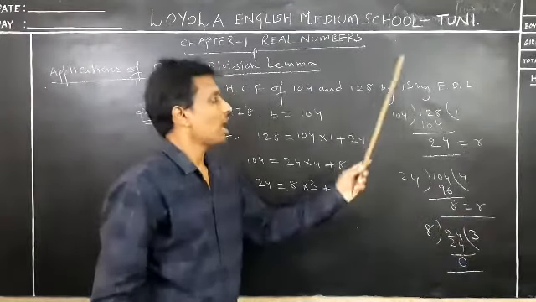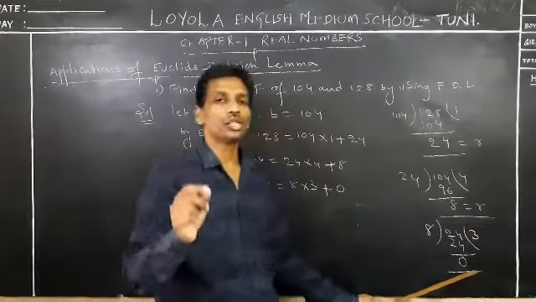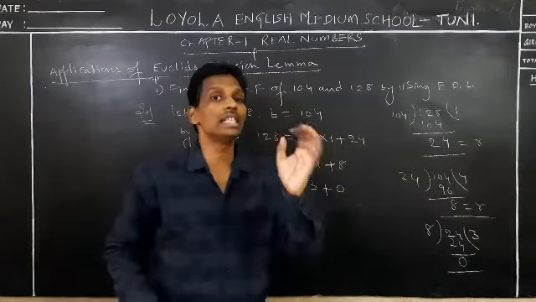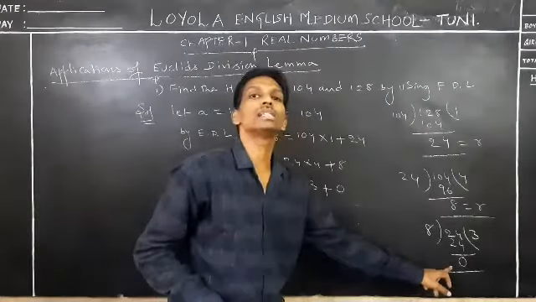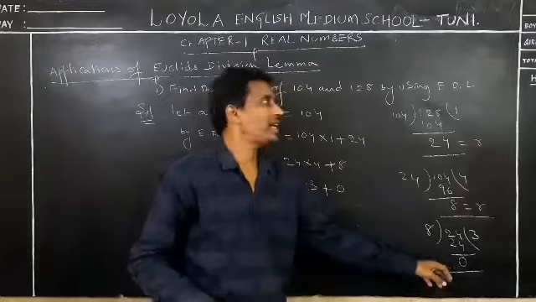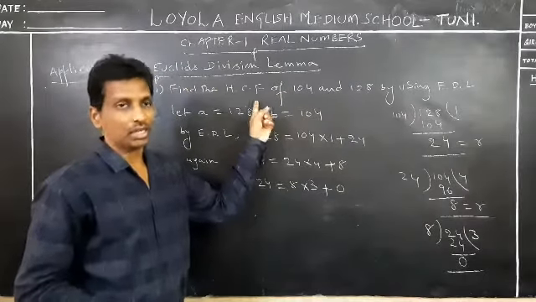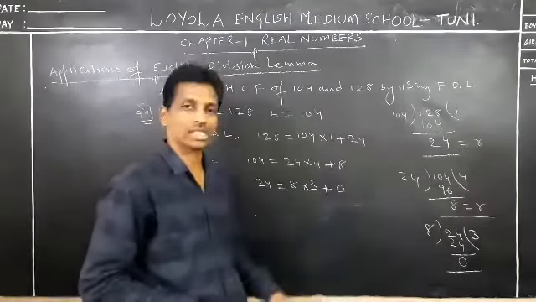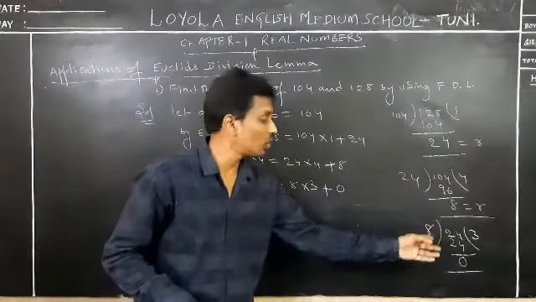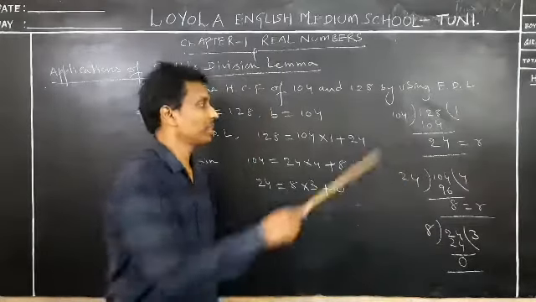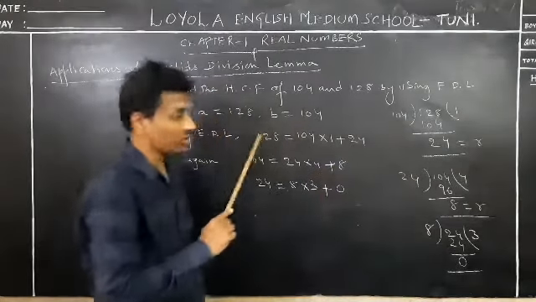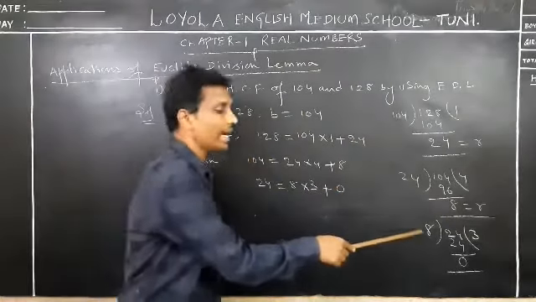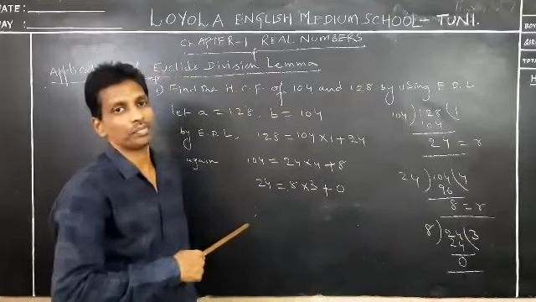We know very well, until we get remainder 0, the process will be continued. Under which division we get remainder 0, that divisor is known as highest common factor or greatest common divisor for the two given numbers. So from this we came to know these are all the divisors only. 104 is the divisor at first, 24 is the divisor in the second step, 8 is the divisor in the third step.